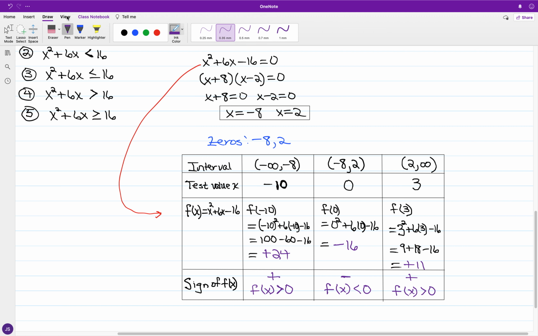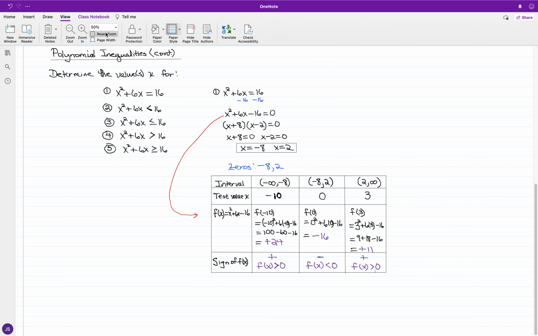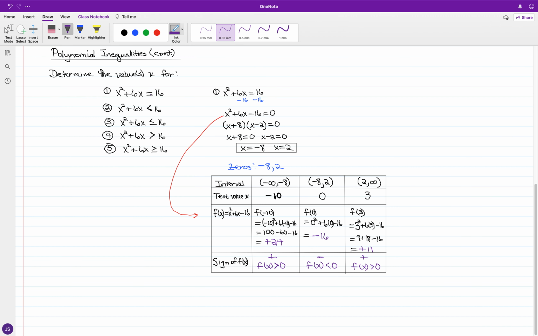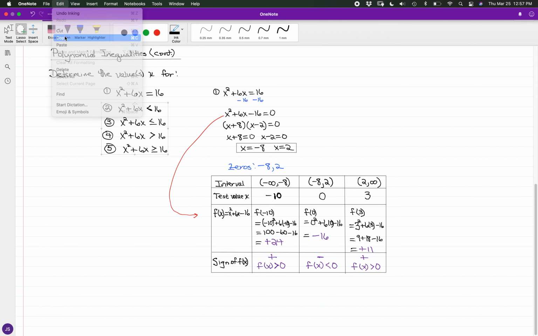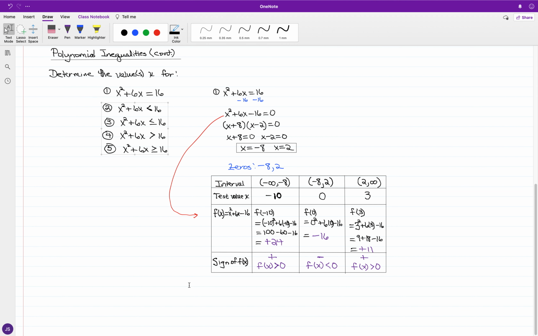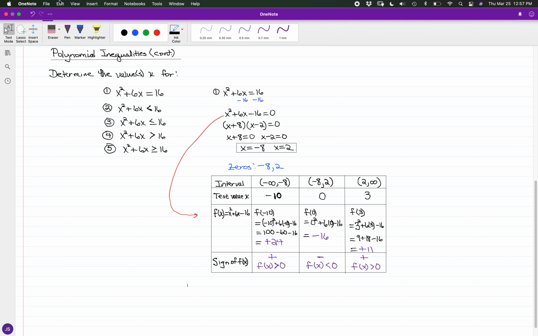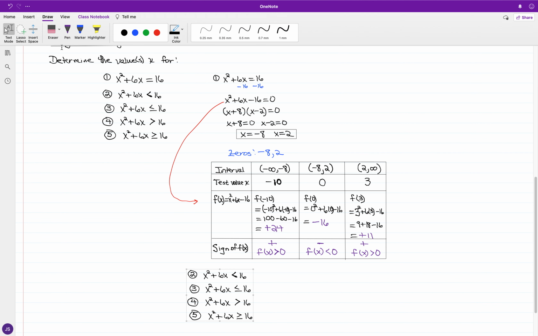Okay, so in the scheme of things, we had worked out x squared plus 6x is equal to 16, and reworking as a quadratic equation in standard form, I had these zeros come about, and the respective inequality statements.